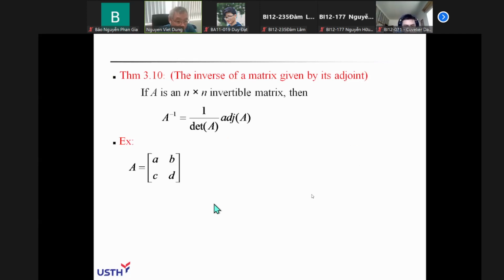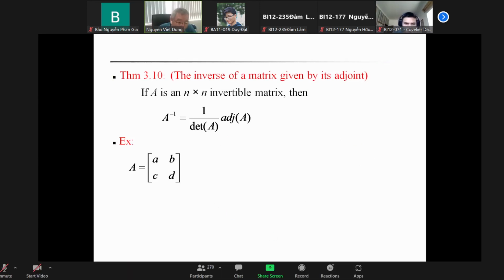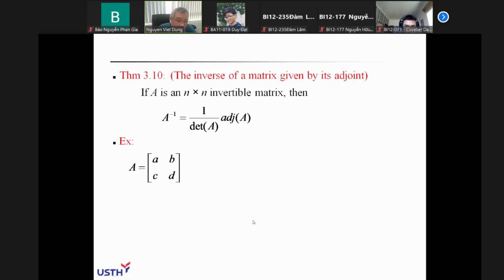Here is an example. Suppose that A is a 2 by 2 matrix like that, and I know that A is invertible, means its determinant is non-zero. Determinant of A is that one, and I suppose that that is non-zero. Then you see the adjoint of A to be that.